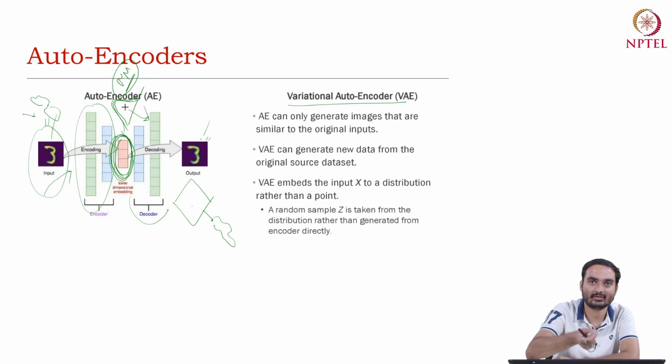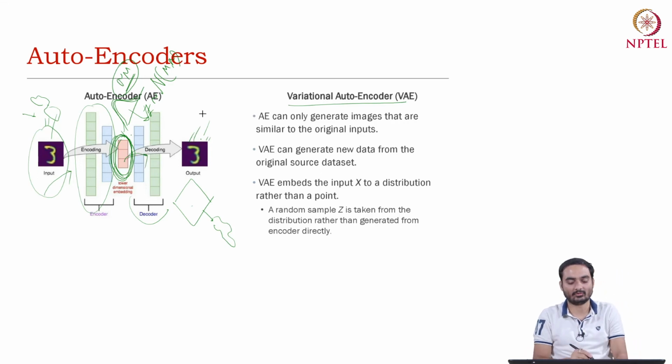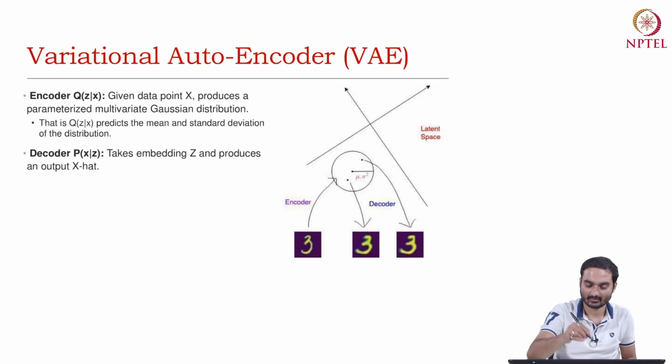Whenever you pick any point from the distribution, you essentially pick an entity, and you feed it to the decoder, and then the decoder produces the output. The good part about variational autoencoder is that it can produce a different, separate image, which may not be the same as the input.